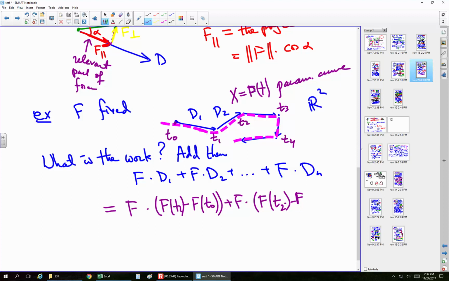How about p? So parametric curve p. And so on up to the nth, which is F dot (p of tn minus p of tn minus 1). So these are how we compute the displacement, simply the differences.